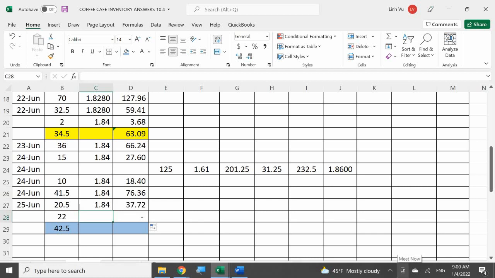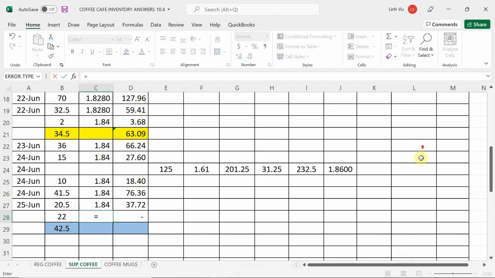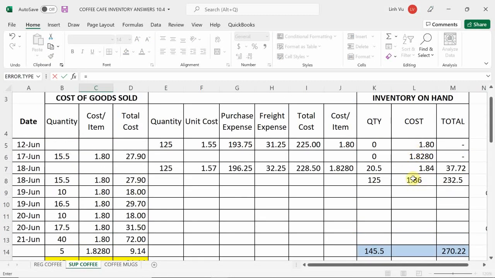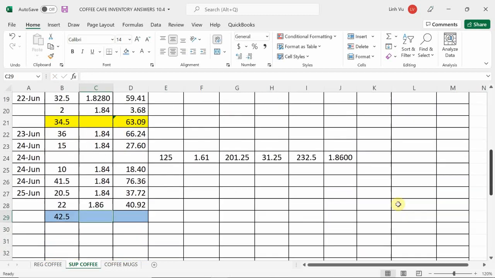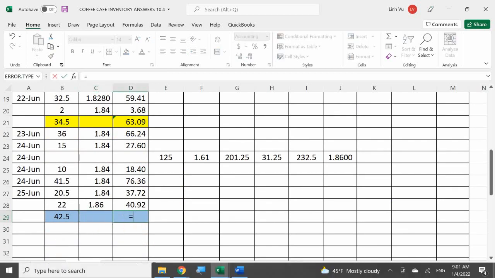Now we need to figure out how much 22 pounds is at $1.86. That should give us $40.92. So let's add those up together.